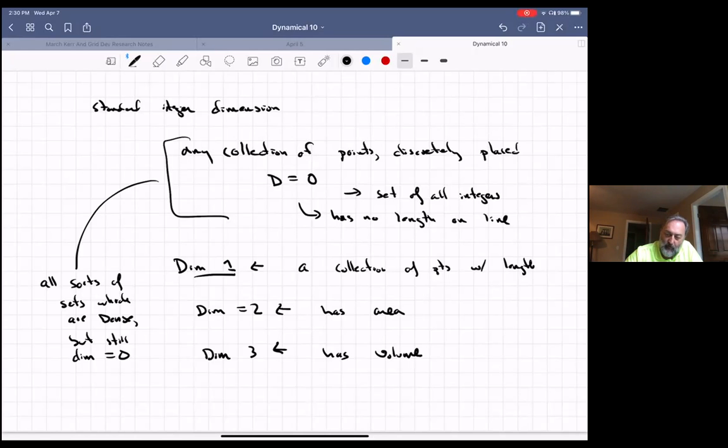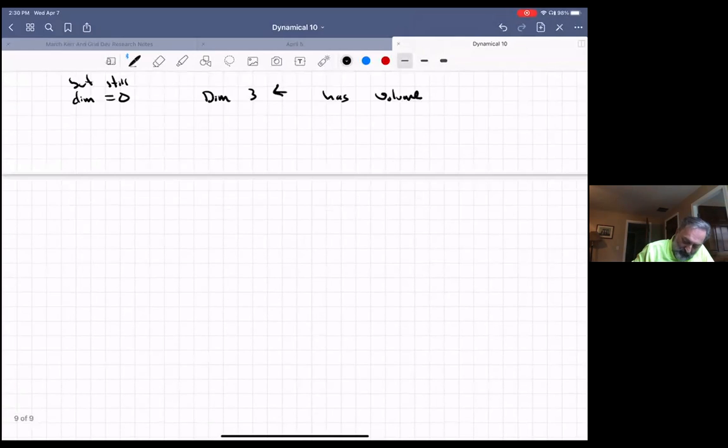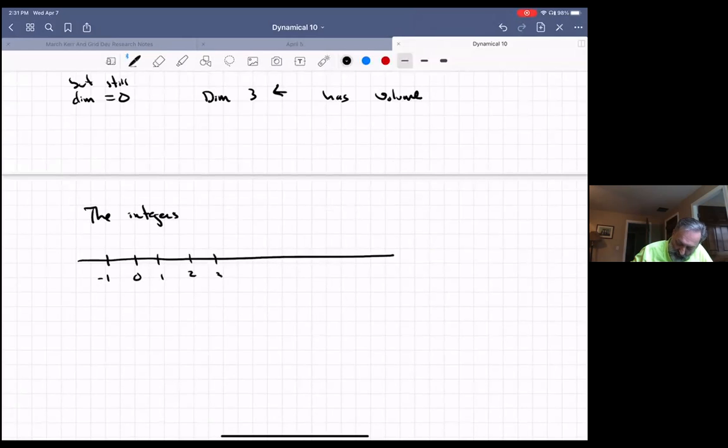Okay, so let us think about the integers. So here's my number line. And here's -1, here's 0, here's 1, here's 2, here's 3, here's 4, here's -2, right? So that I'm thinking about the integers. Yep. So the integers, for instance, are not dense.